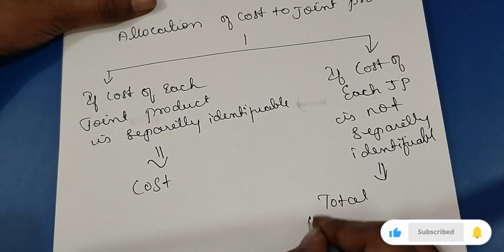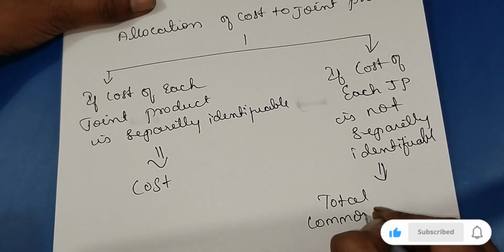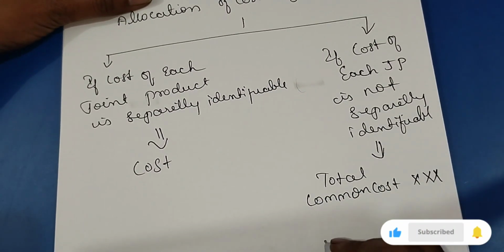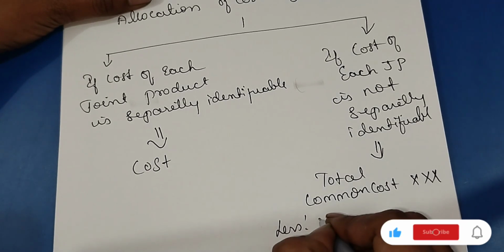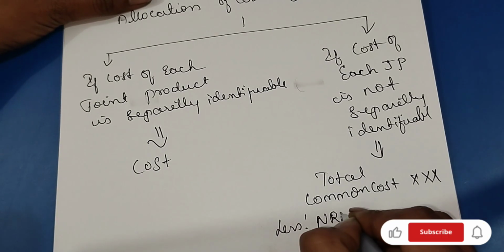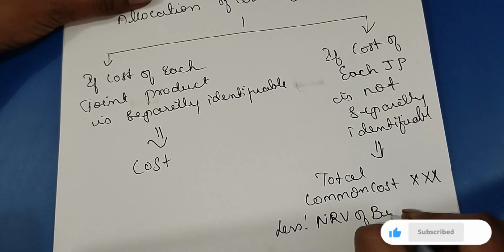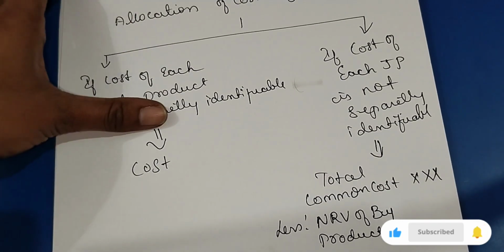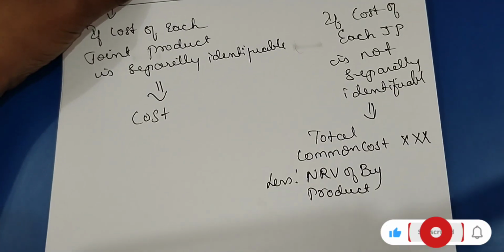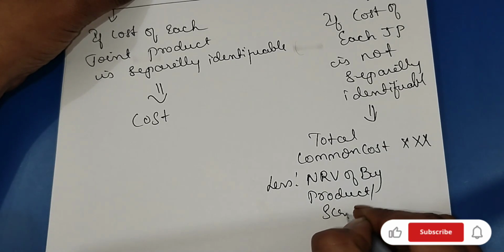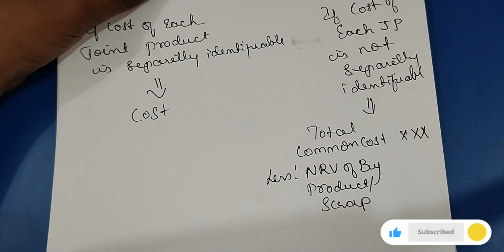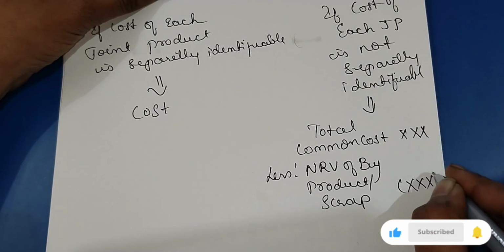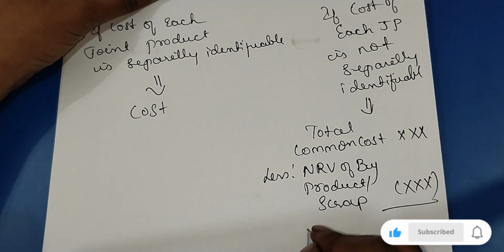Whatever total you have incurred and spent, consider that total common cost, and from it we are deducting the NRV of your byproduct, that is the scrap. With the intention you did not produce that product, but you don't want to waste it, just for that purpose you have produced, so that is byproduct or scrap. Whatever the NRV is, you deduct that, then you will get the joint cost.